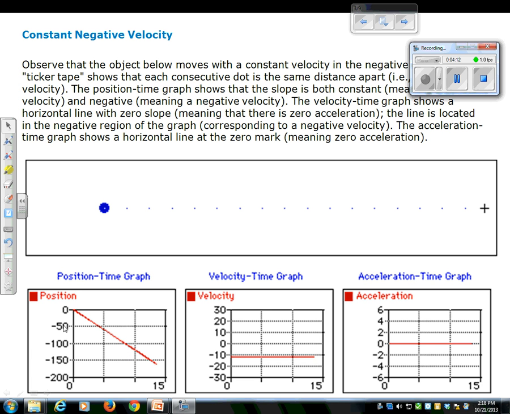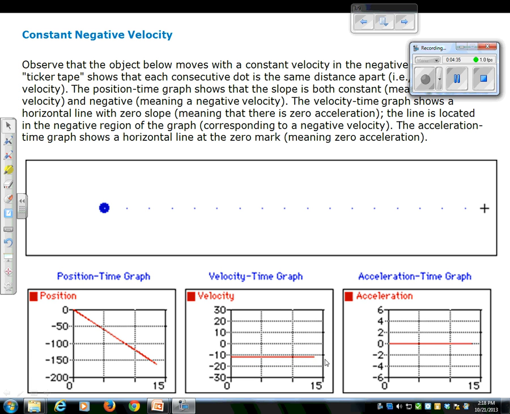Anyone? I'll give you a hint. About minus 12, exactly. How did you get that? Because the velocity time graph is a graph of the slope. What value is the velocity time graph? It's a constant minus 12. How come?